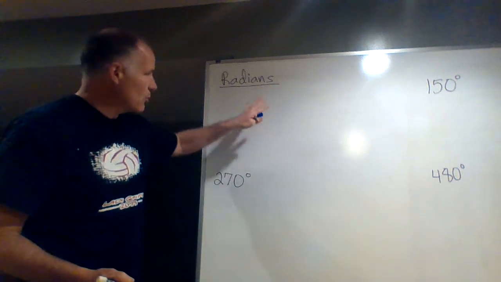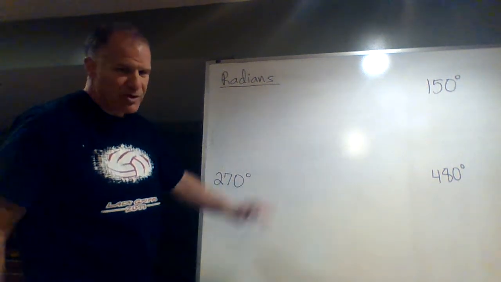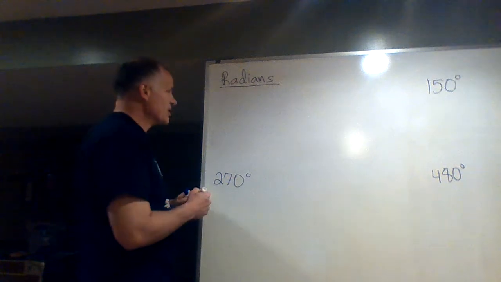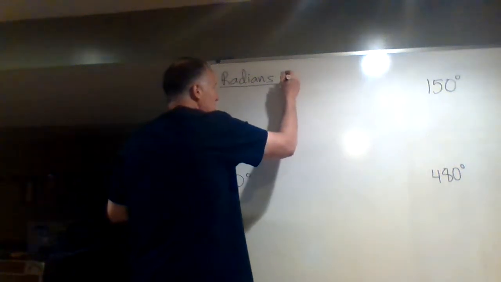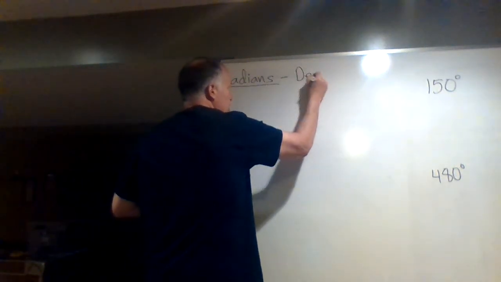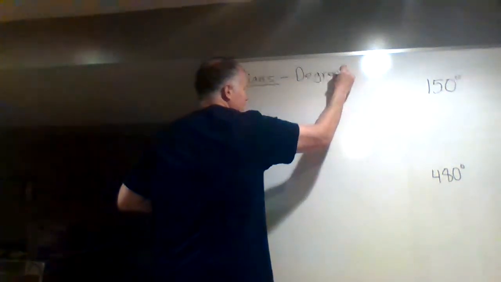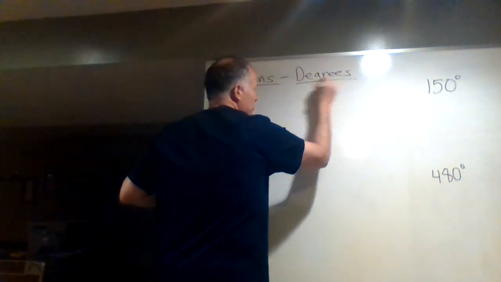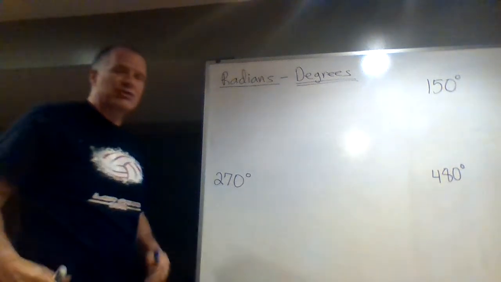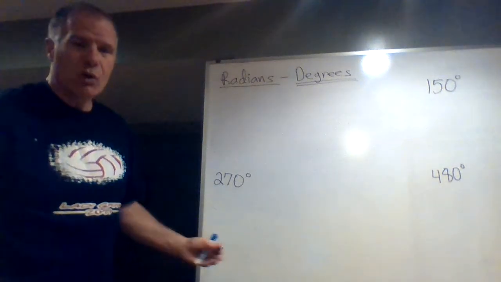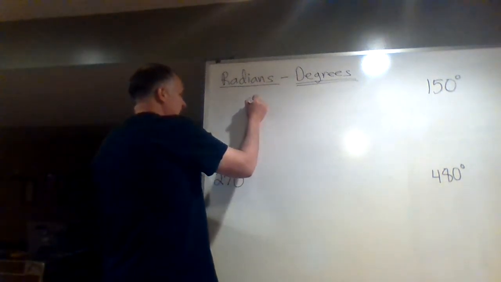Now here's a big word, radians, which you've probably never heard. Most of us know the word degrees. When we say something is a certain amount of degrees, we're talking about the angle, right?